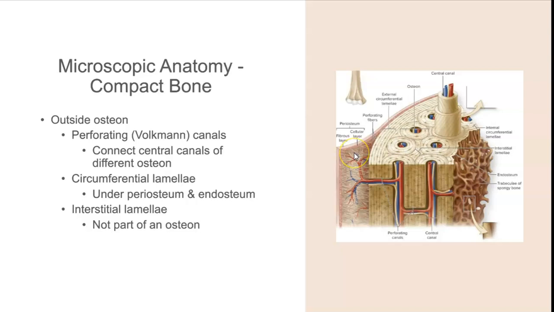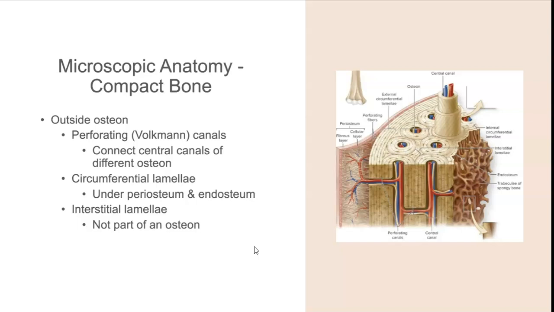Your circumferential lamella, that word didn't come out very well. Anyway, these are lamella, layers of bone that are on the circumference. So they're not part of the osteons. They are just inside the periosteum, as you see here, and just inside the endosteum, as you see here. And then you have something called interstitial lamella. Now remember, lamella are just the rings of bone.